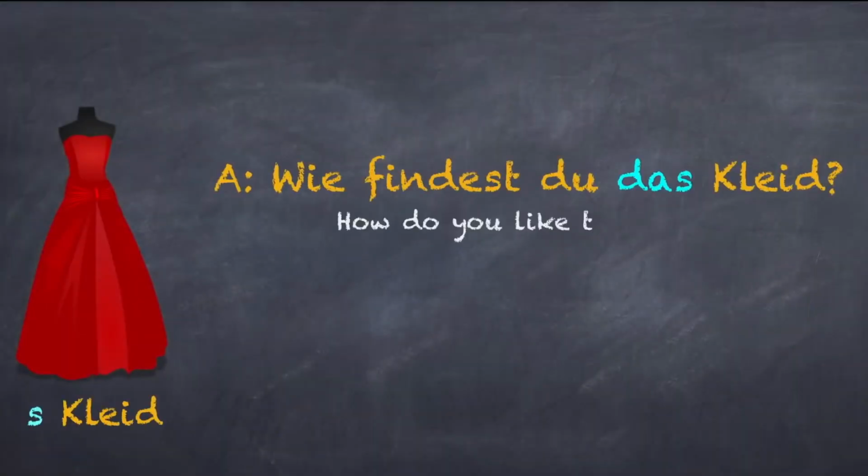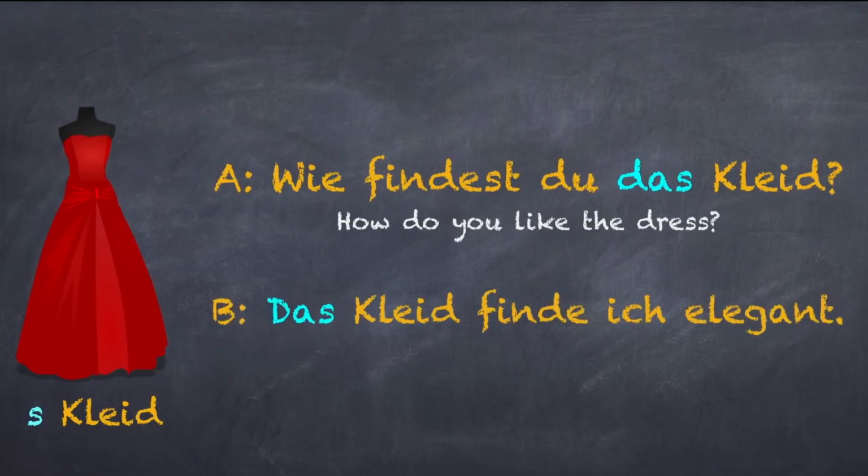So now we come to the neutral accusative object. Wie findest du das Kleid? Das Kleid finde ich elegant. Even in this case, the accusative object with an article das remains das, just as in nominative.